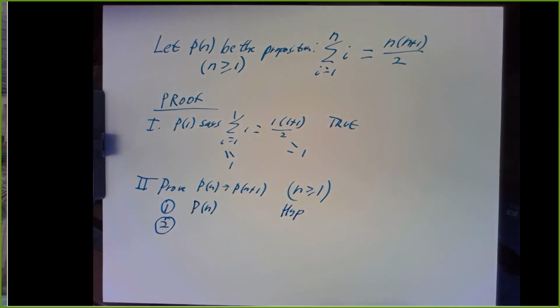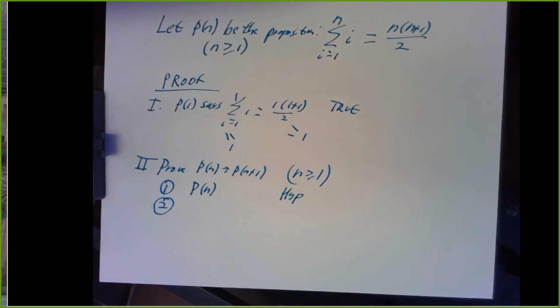What's almost always a second step after we state a hypothesis? It's almost the only other thing we can do at this point. Definition, exactly, right? We've said P of n is true.